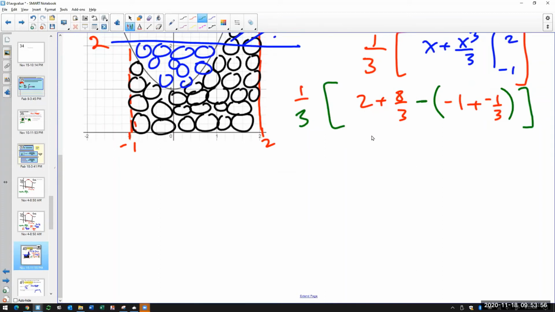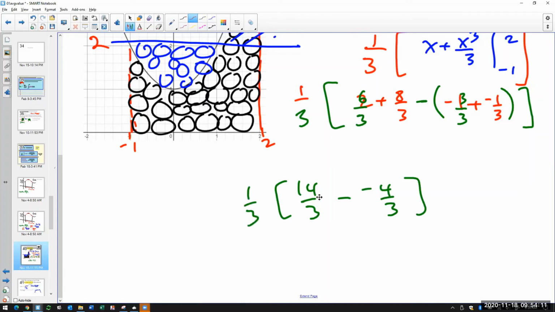So 2 plus 8/3, that's going to be 6/3 plus 8/3. So I get 14/3 minus, this will be 3/3, so minus negative 4/3, times 1/3. This is negative, negative, so that's a positive.